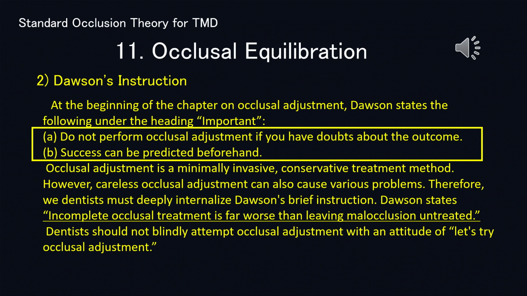However, careless occlusal adjustment can also cause various problems. Therefore, we dentists must deeply internalize Dawson's brief instruction. Dawson states, incomplete occlusal treatment is far worse than leaving malocclusion untreated. Dentists should not blindly attempt occlusal adjustment with an attitude of, let's try occlusal adjustment.